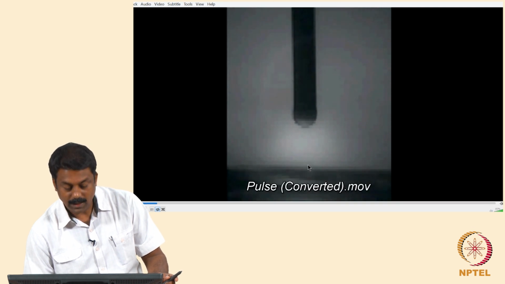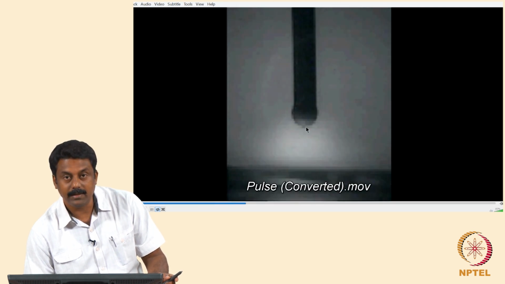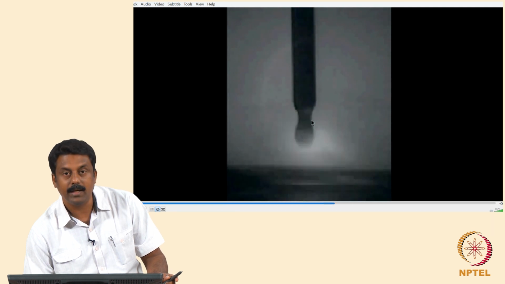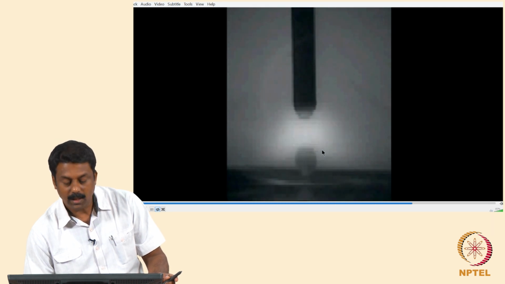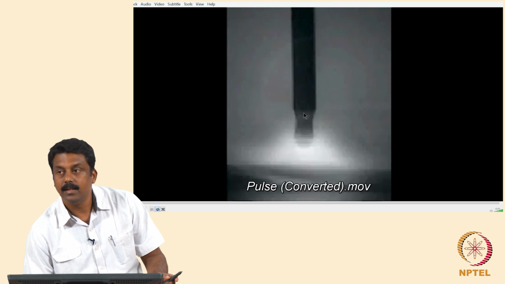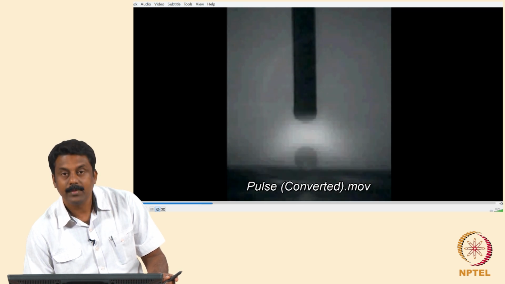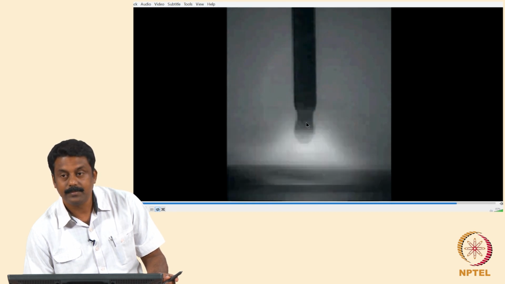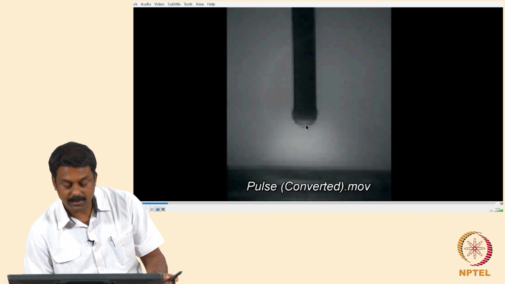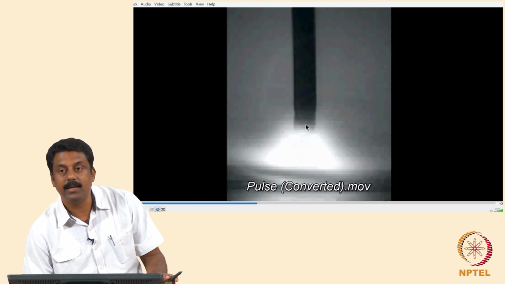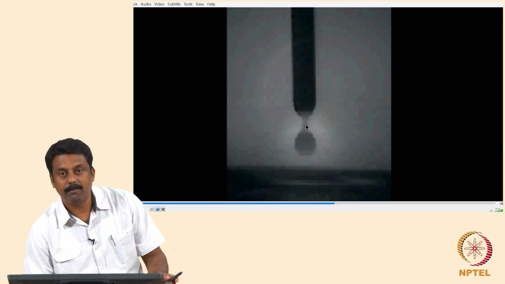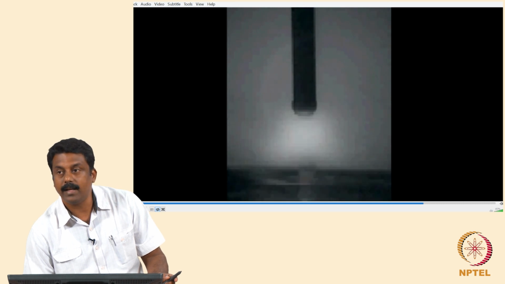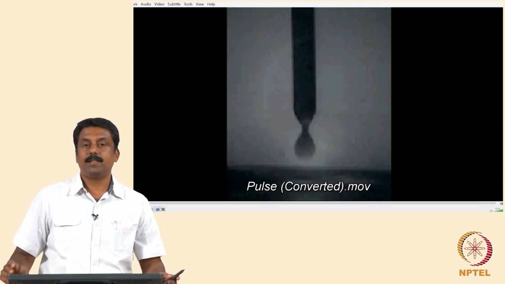And then subsequently when the pulse is stopped you maintain a background arc, and the cycle can be continuously applied to get the droplets detached continuously. So the number of droplets detached is determined by the pulsing frequency. If you give 50 pulses, obviously you detach 50 droplets per second.